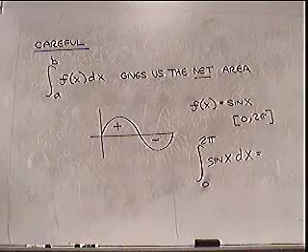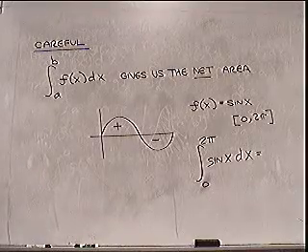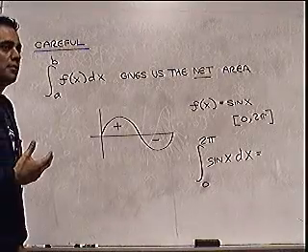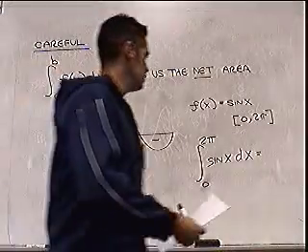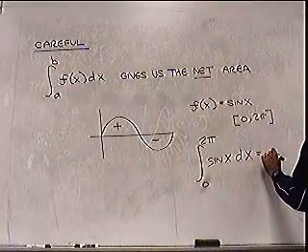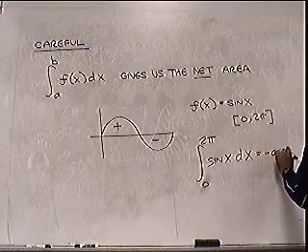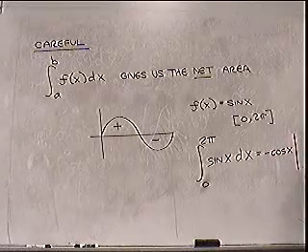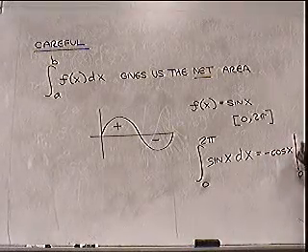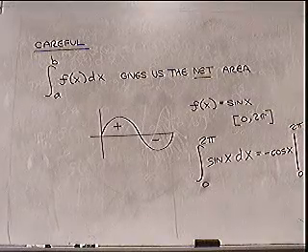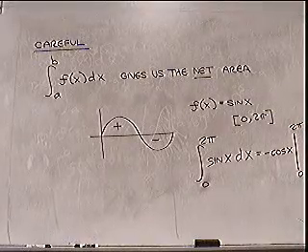So hopefully you did some homework. What's the antiderivative of sine x? Negative cosine x. So the way I wrote it in class last time, I put negative cosine x, and then I put this line here, and I put the two limits of integration, 0 and 2 pi there. And this was just to keep things in order.